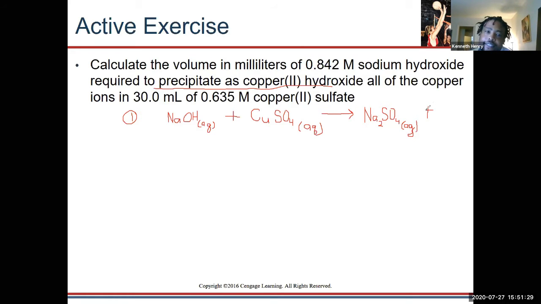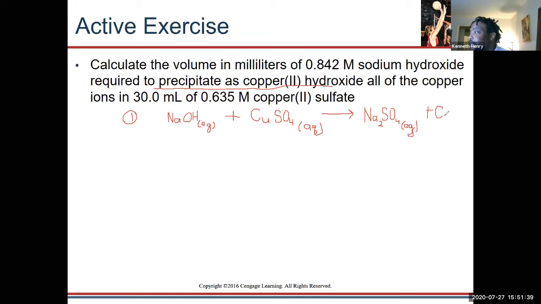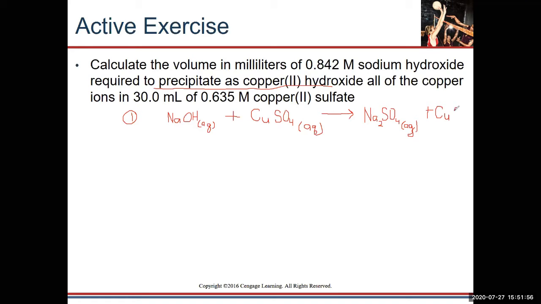Plus, you said copper. Someone said it earlier. Copper hydroxide. So it's Cu what? Is it OH?